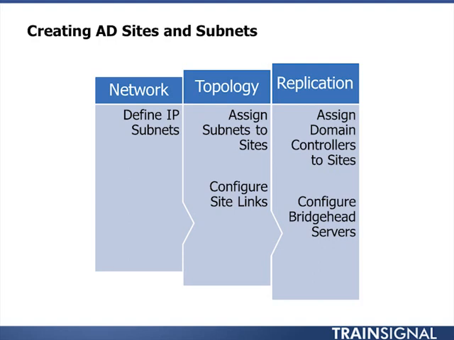We can then identify which kinds of network links tie together those sites. A site is an area of high-speed, high-reliability networking. Consider a local area network where everybody's connected through some set of nearby switches, maybe a router or two. But in general, everybody's relatively nearby each other, connected together by a relatively high-speed connection. LAN speeds, 100 megabits per second, gigabit per second, something like that, something fast.